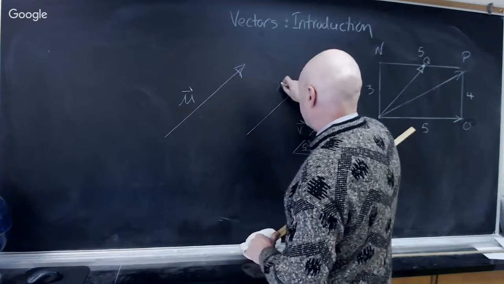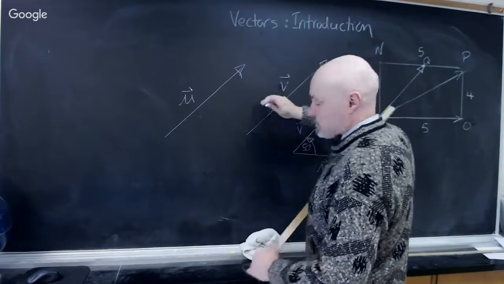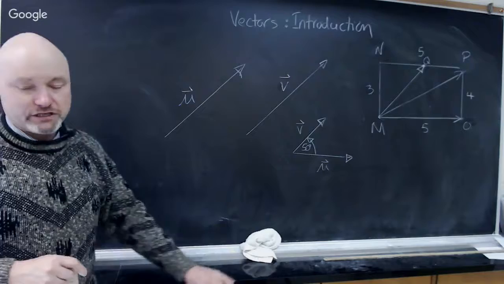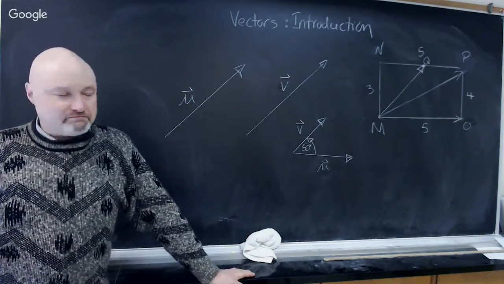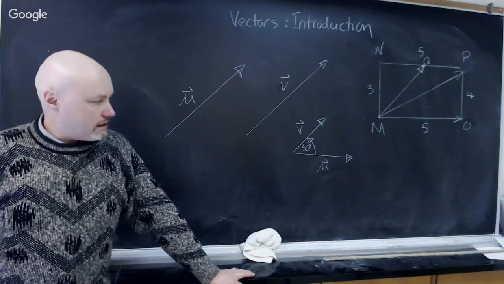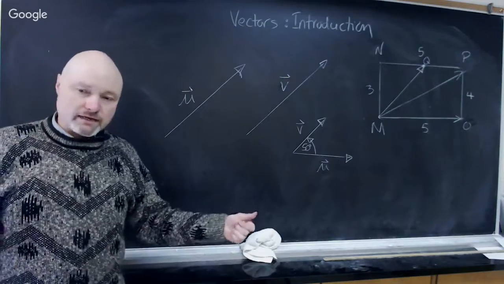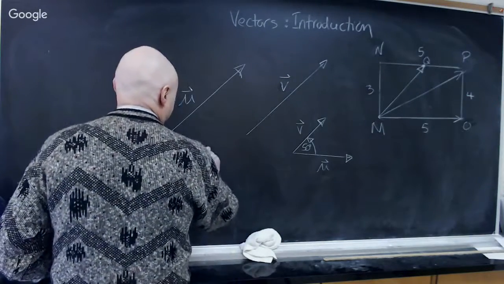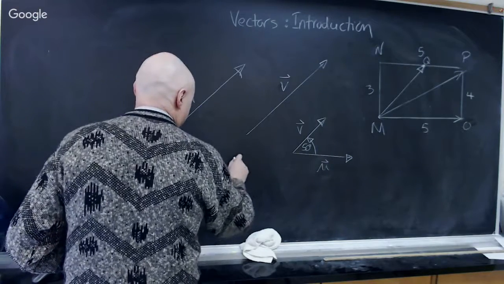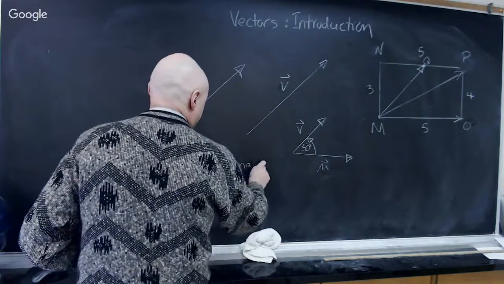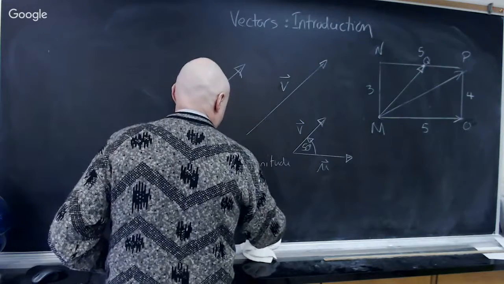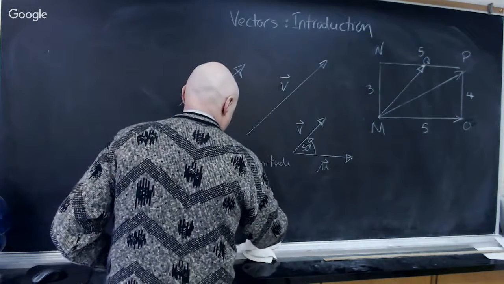It doesn't matter where they start. The only thing that matters is their direction and magnitude. We can define them with an angle and a length. We use the absolute value brackets to mean magnitude: magnitude of vector u.